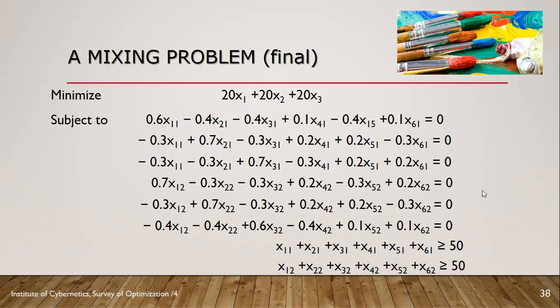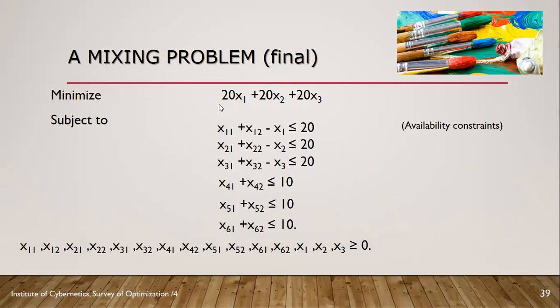Remember that at least 50 gallons of each. And the last portion of inequality constraints reflects the availability of the paint. And the last line refers to the non-negativity constraint of all the decision variables involved.